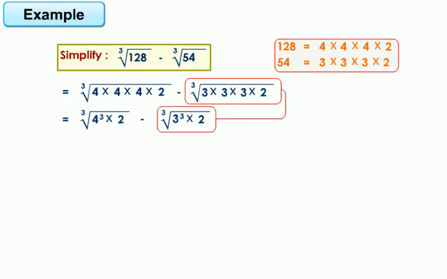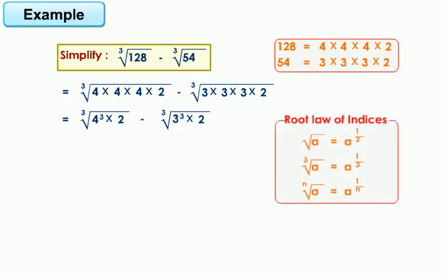Students, in the next step, using the root law of indices, we can write it as 4 to the power 3 into 1 by 3 into cube root 2 minus 3 to the power 3 into 1 by 3 into 2 to the power 1 by 3.